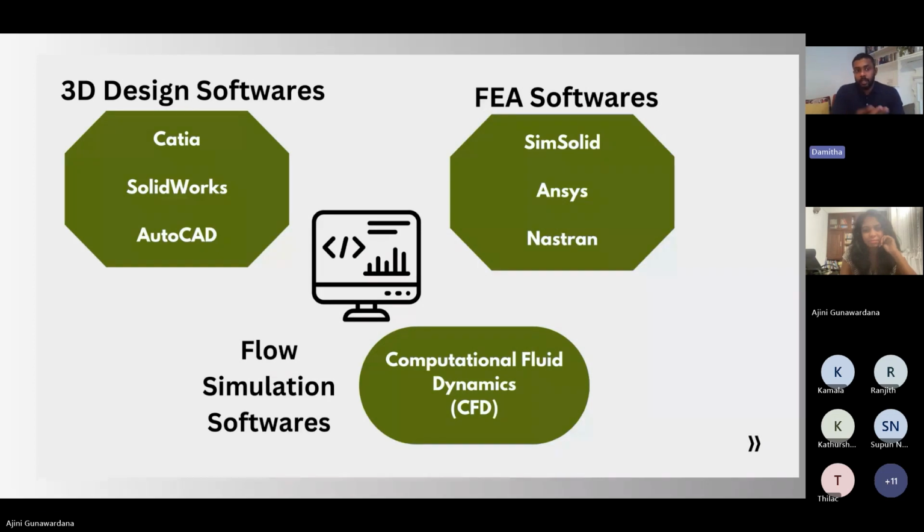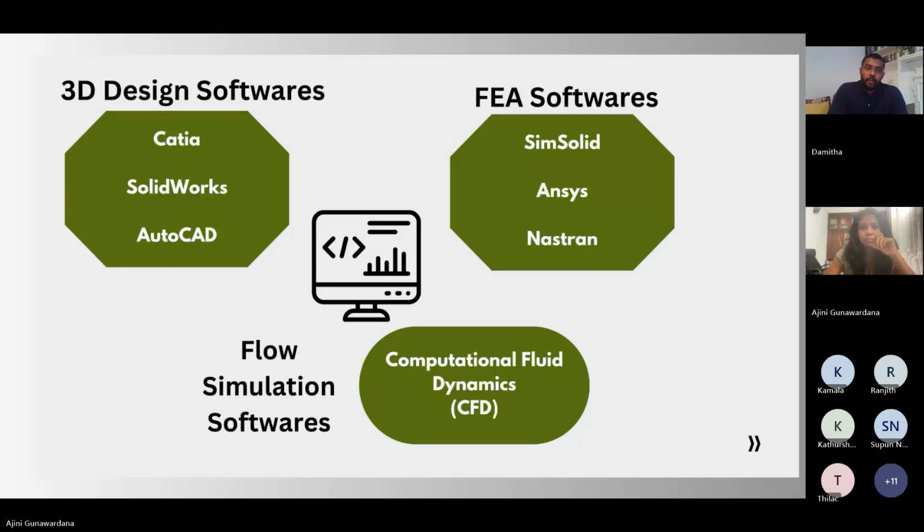So you have CATIA, you have SolidWorks, and of course you have trusty AutoCAD, which is most used for 2D drawings. And then you have the simulation softwares on the other hand. You have SimSolid, ANSYS, and Nastran, which is a NASA developed software that's very specific for aerospace, but the other ones are generally used throughout the engineering industry.